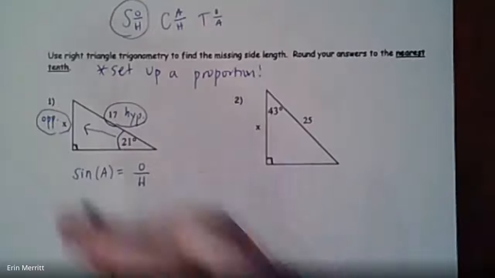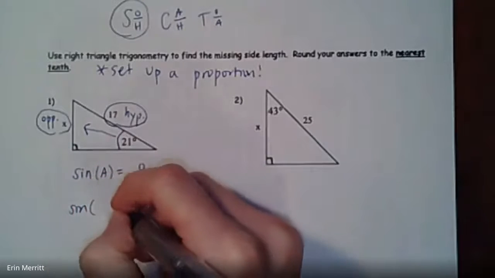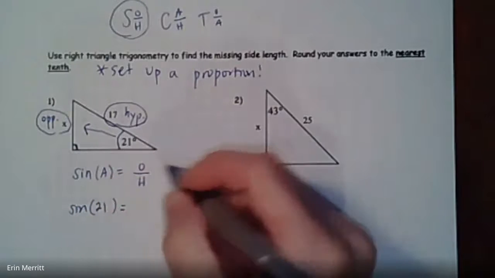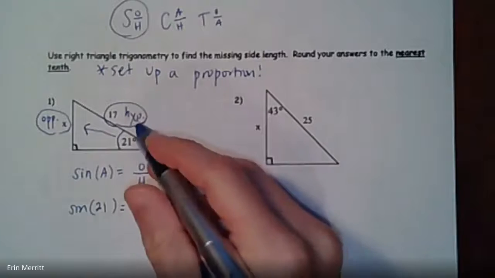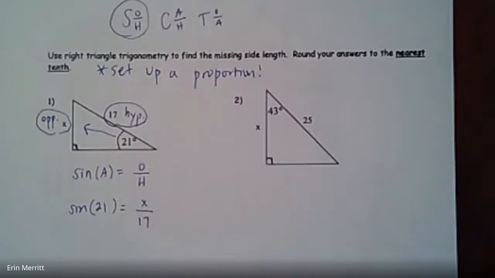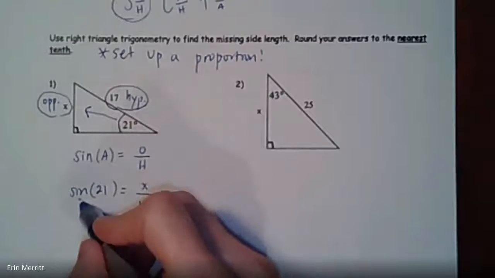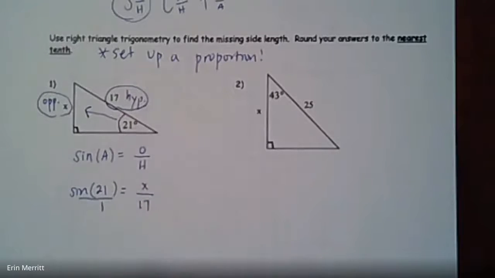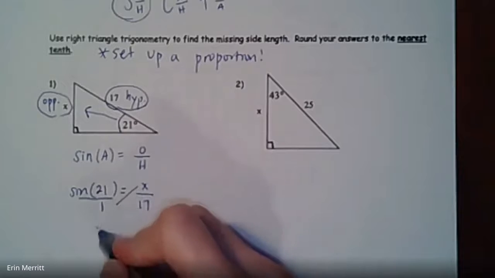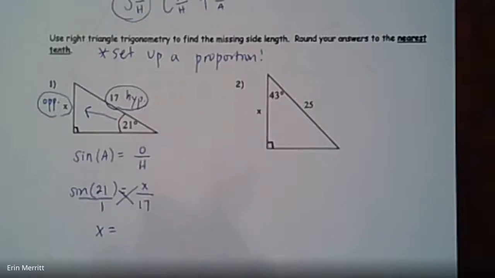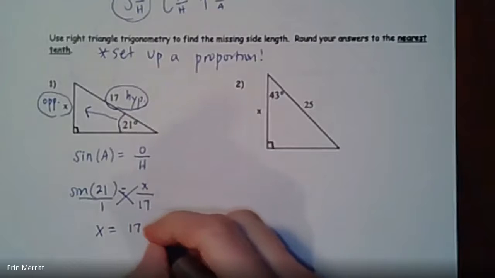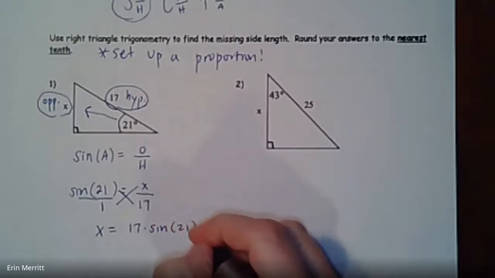Now let's fill in the blanks. What we know, the angle is 21 degrees. The opposite side is X, the hypotenuse, 17. When I say set up a proportion, you can leave it like this, or I can throw this even over 1. That's what I meant by that. Now if we multiply to solve, I would get X. If I multiply that, I end up with 17 times the sine of 21 degrees.